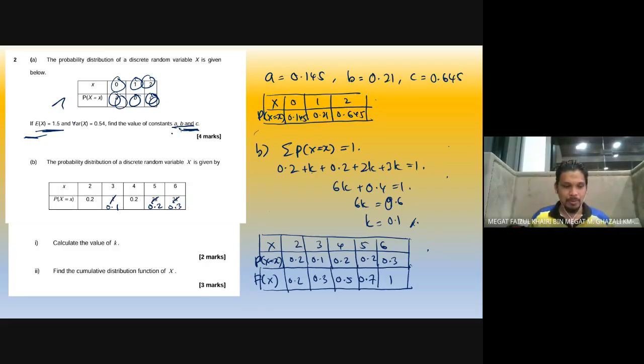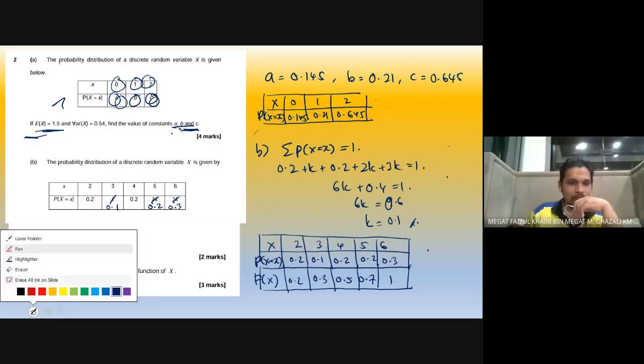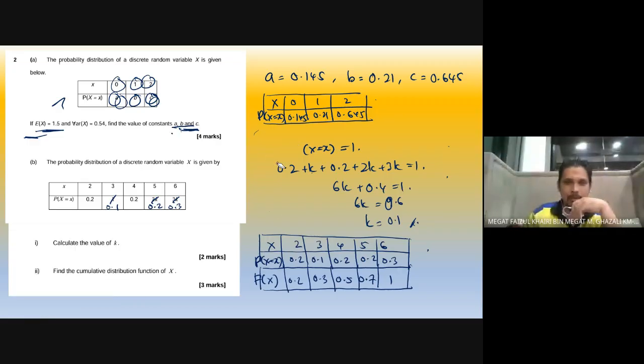Okay, so you may write this in the form of a table, or according to the answer scheme.